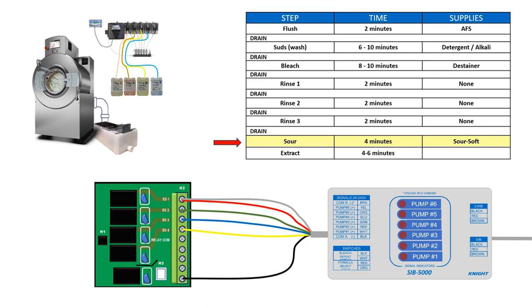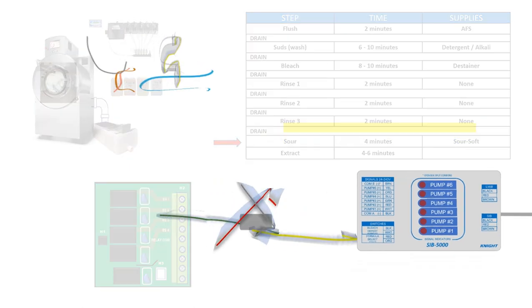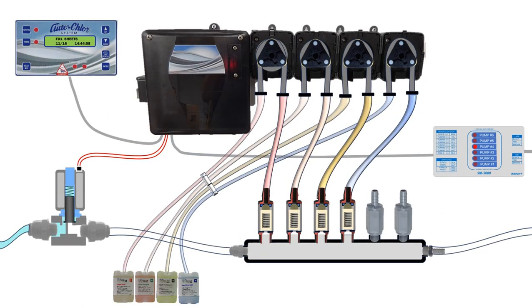When this drain closes, we go into the sour step. The sour step's where we're going to inject either sour and/or sour softener, to reduce the pH level to a normal range of a 6 to a 6.5 pH in the linen. The washer will send a signal to the signal transfer unit. This chemical signal is transferred to the dispenser, and the corresponding pump comes on.